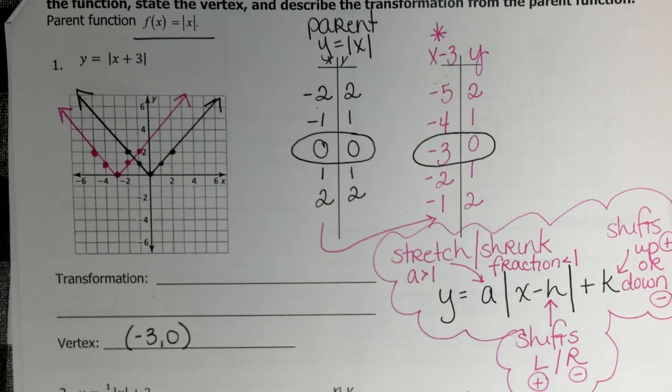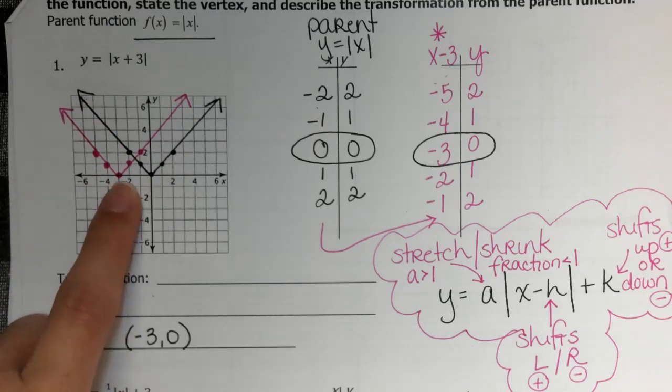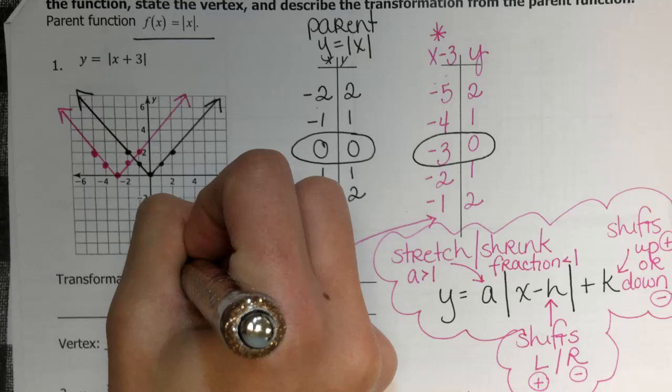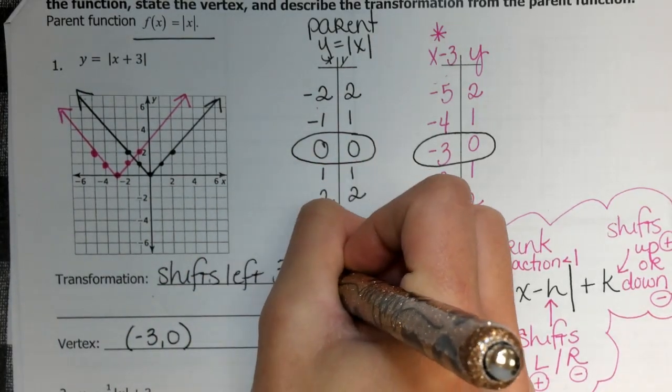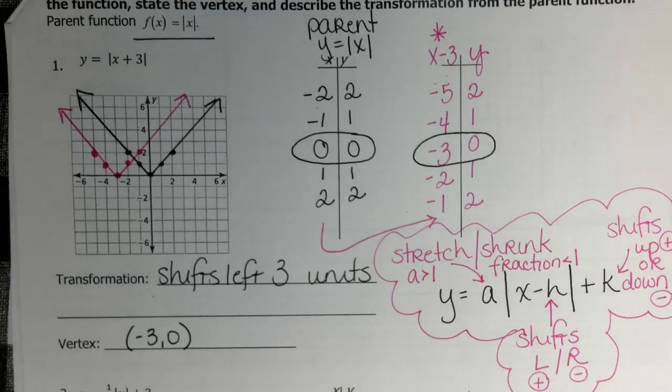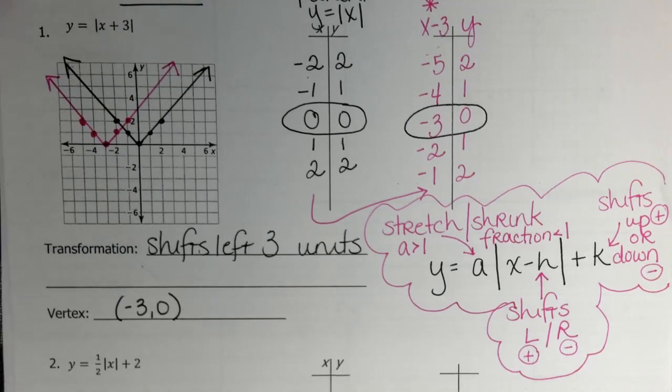And then I'm going to describe the transformation. I only had one transformation. What happened to my graph? It shifts left 3 units. Okay, we good with that?